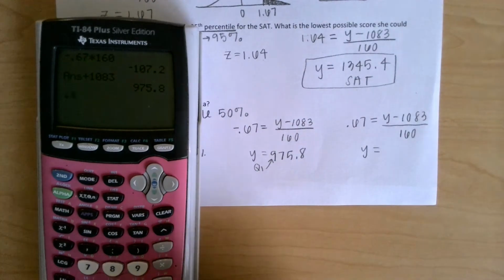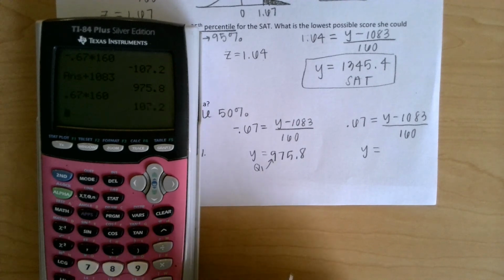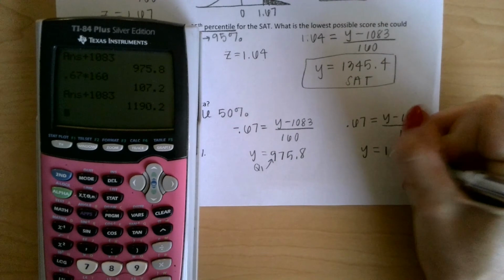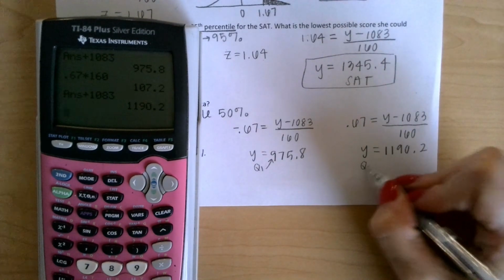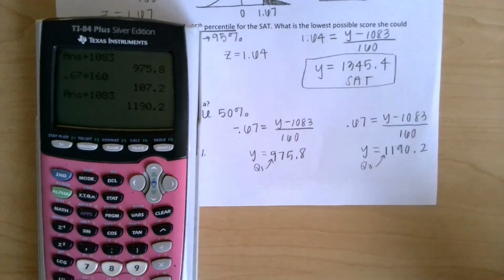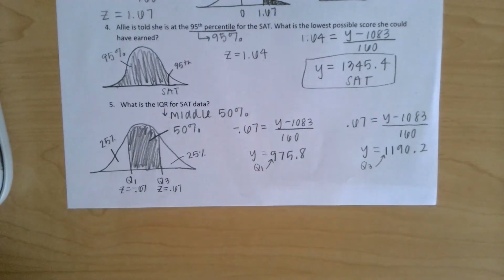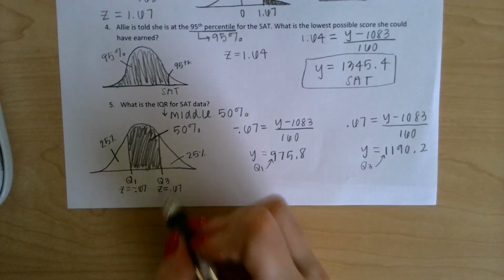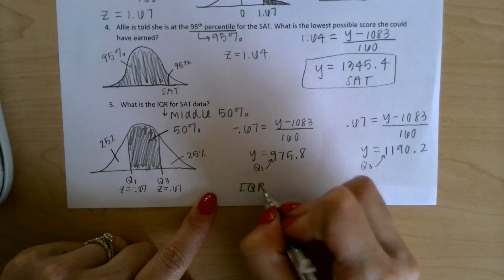Jumping over to the positive 0.67. Again, I'm multiplying by the 160 and then adding 1083. Gives me 1190.2. This represents Q3. The last and final step here is I need to take my Q3 and subtract Q1 to find the actual IQR.